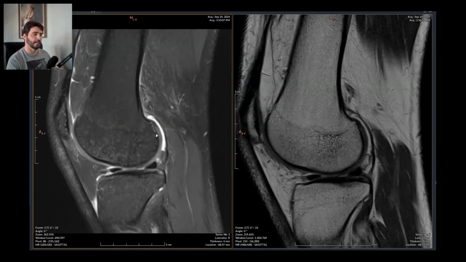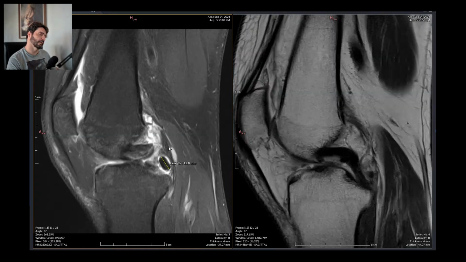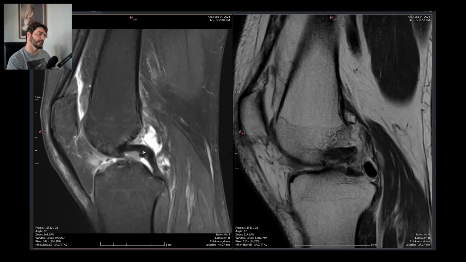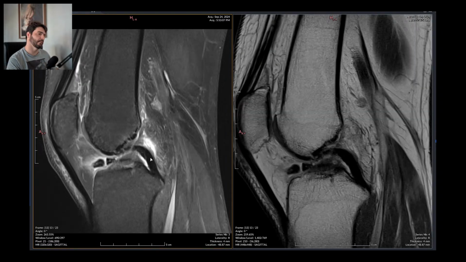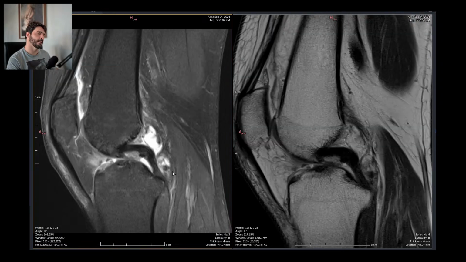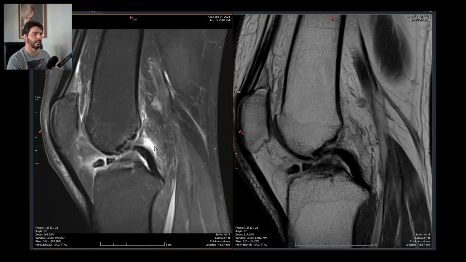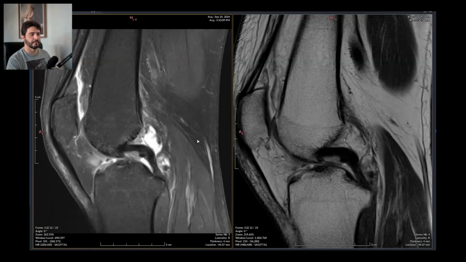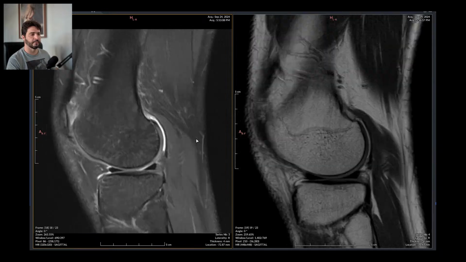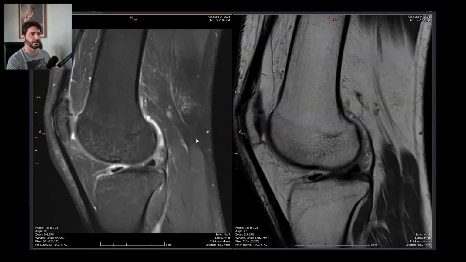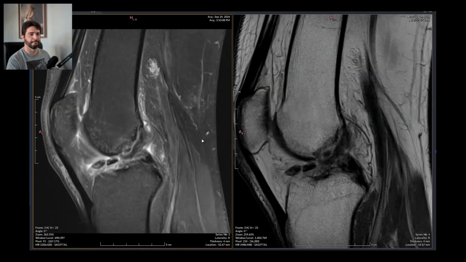It has hyperintense signal, and it's kind of blurred, especially on its distal extremity. So this is at least a level 2 tear, level 2 partial tear.